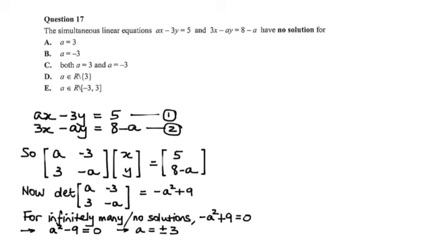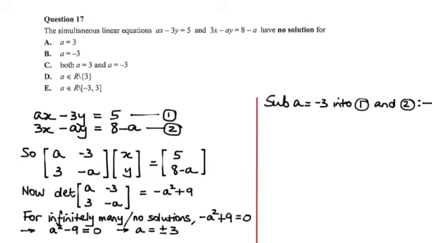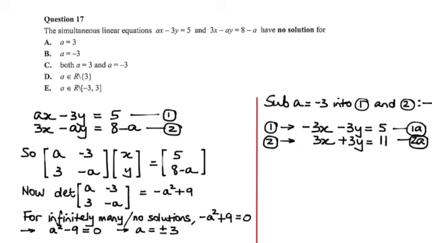Now what we need to do is substitute those values of a, that is plus 3 and minus 3, into these equations and have a look if you've got infinitely many or no solutions, and we're looking for no solutions. So if we substitute minus 3 into equations 1 and 2, we get this one for 1a and this one for 2.